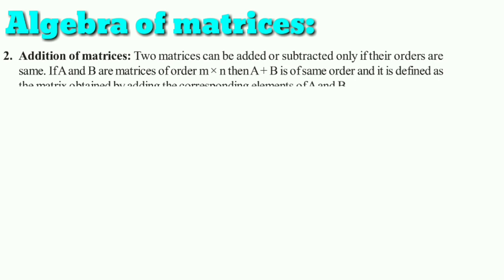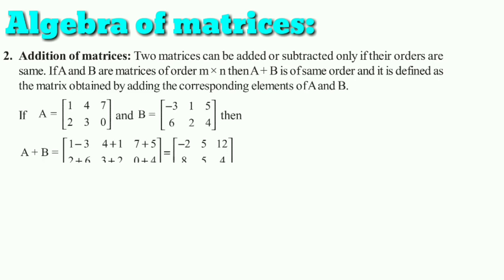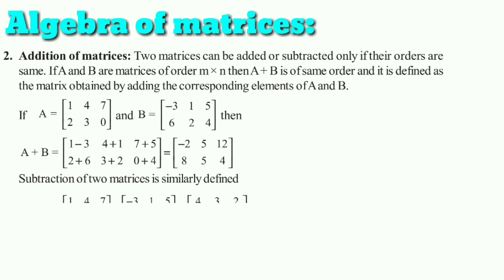Addition of matrices. Two matrices can be added or subtracted only if their orders are the same. If A and B are matrices of order m cross n, then A plus B is of the same order and is defined as the matrix obtained by adding the corresponding elements of A and B. If A is equal to [1 4 7; 2 3 0] and B is equal to [-3 1 5; 6 2 4], here A and B are matrices of order 2 cross 3.